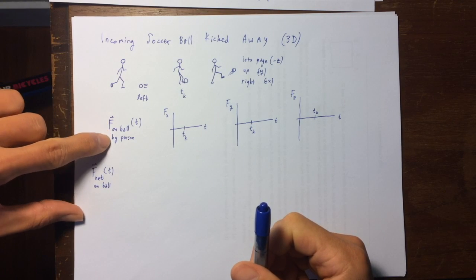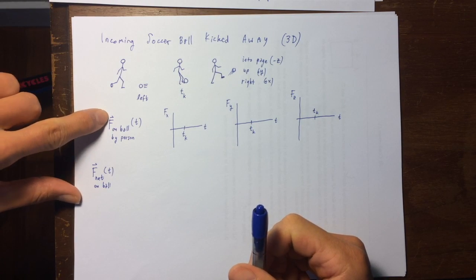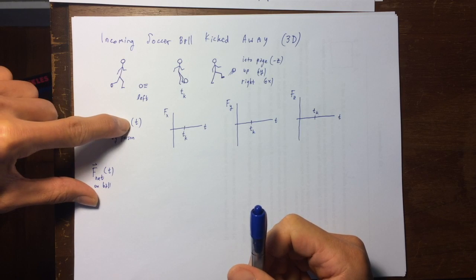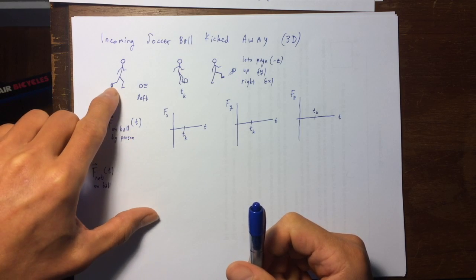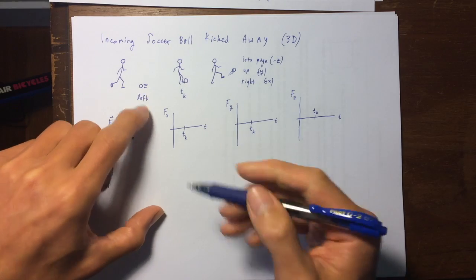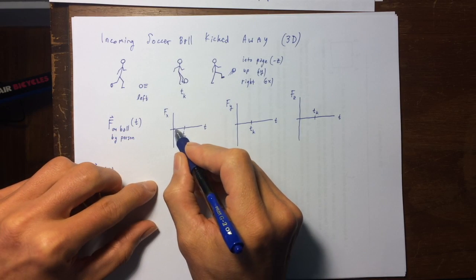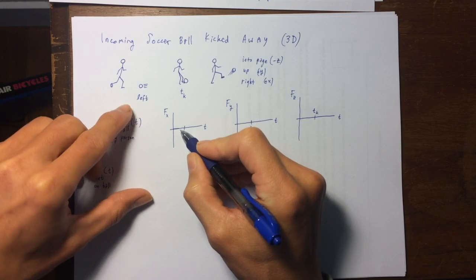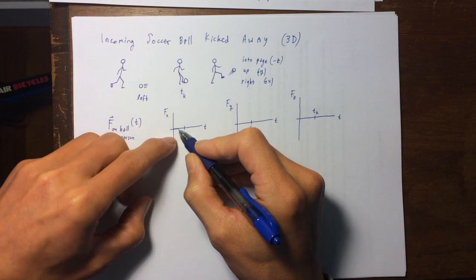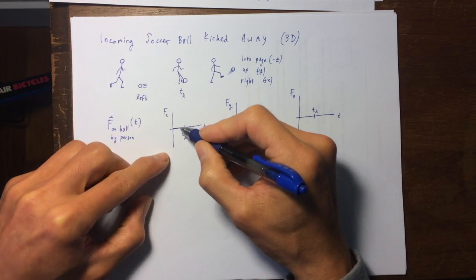So the force on the ball by the person is a vector, and it is time dependent, because before the foot is in contact with the ball, the force is actually 0, right? But then, as soon as the contact starts, the force doesn't immediately get very strong. It ramps up.